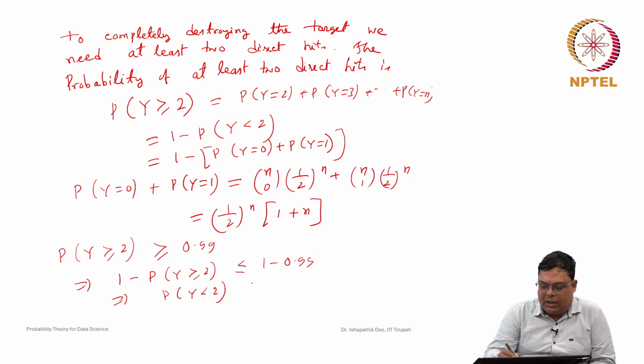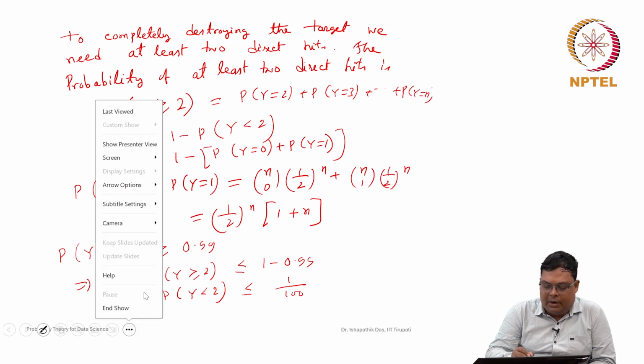So this should be less than or equal to 1 minus 0.99, so 0.01. Basically we can write it as a fraction, 1 by 100.